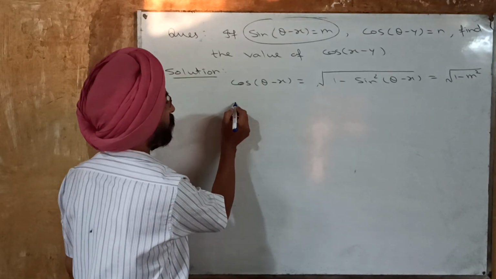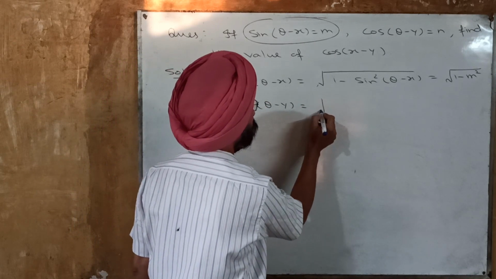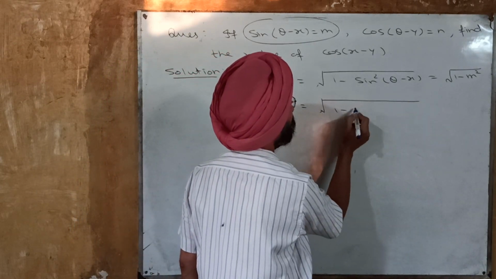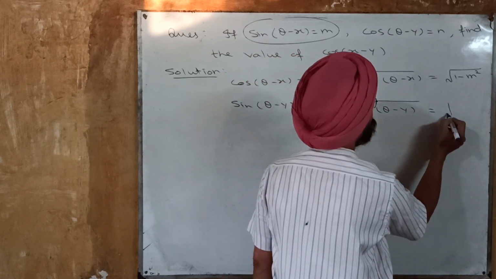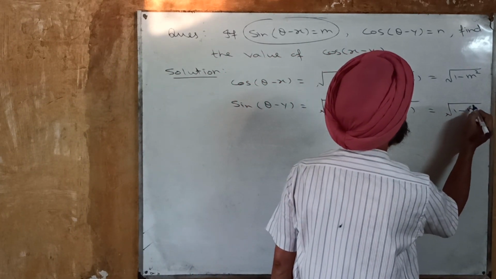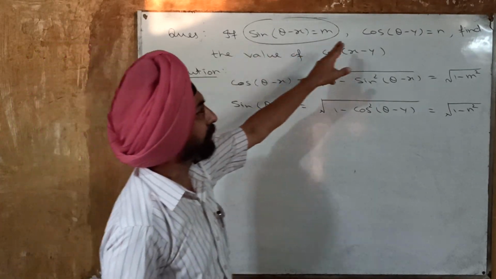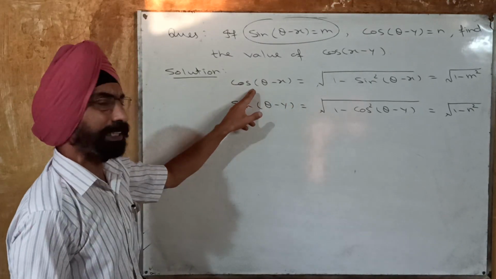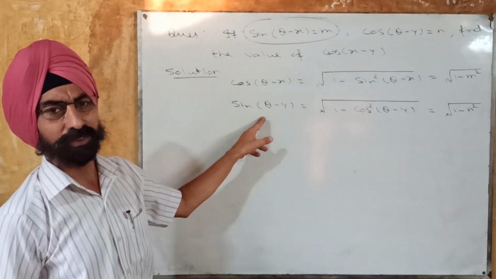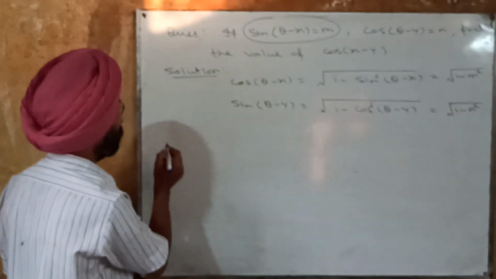From here, you can deduce sin(theta minus y) is equal to square root of 1 minus cos square(theta minus y), so it is square root of 1 minus n square. So we were given the values of sin(theta minus x) and cos(theta minus y), and now we also have the values of cos(theta minus x) and sin(theta minus y). What we have to obtain is cos(x minus y).